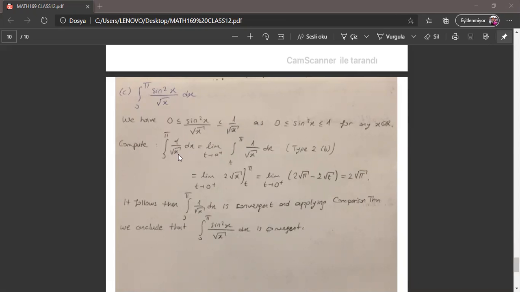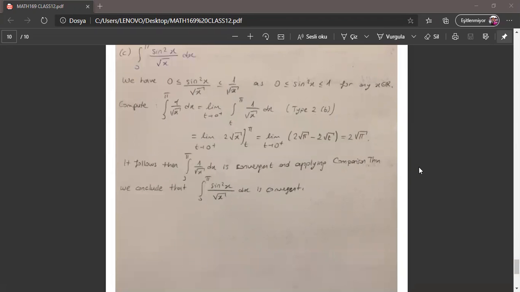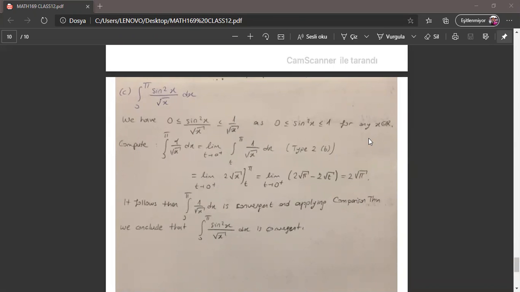It's discontinuous at that point, of this type. Here we compute it and get some constant, some real number. So this is convergent, and this is less than that. By the comparison theorem, we get that this is convergent. So this was the last question.